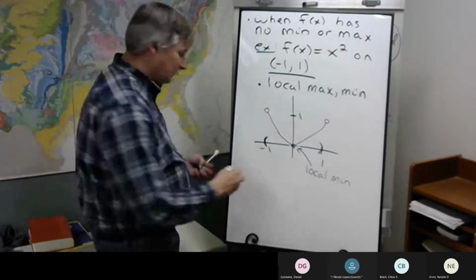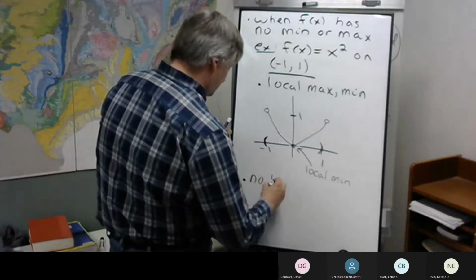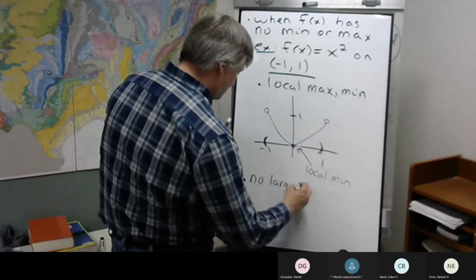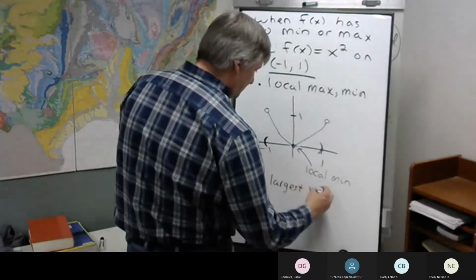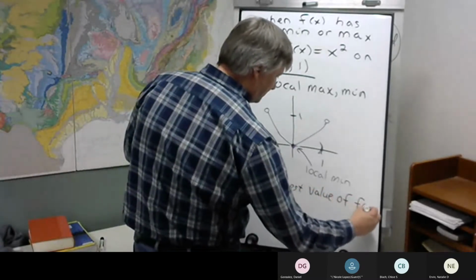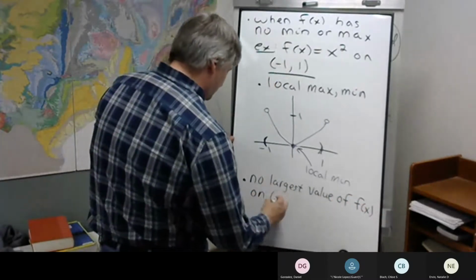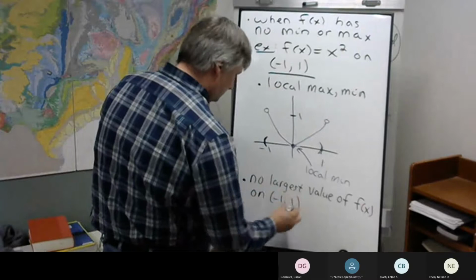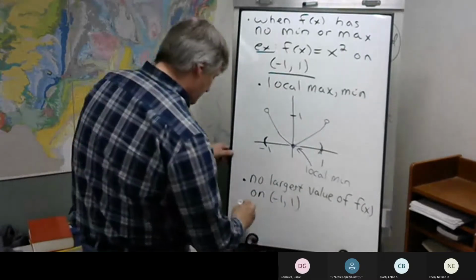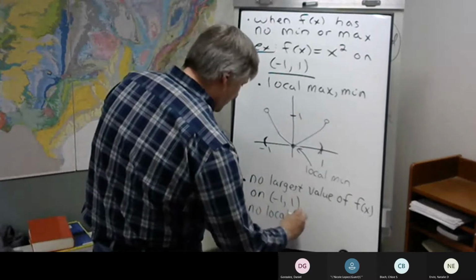So there is no largest value of f of x on this open interval. So that means no local max.